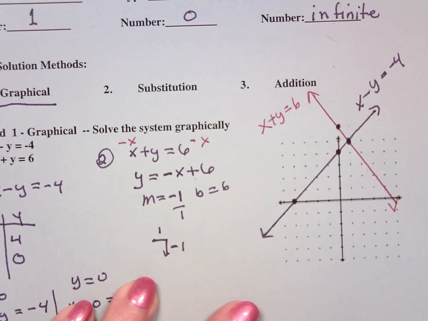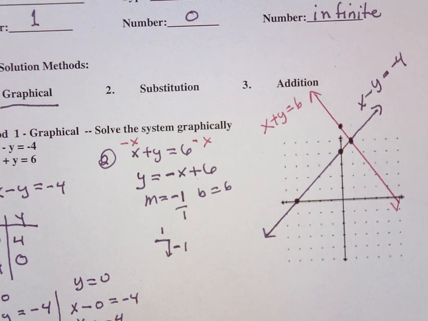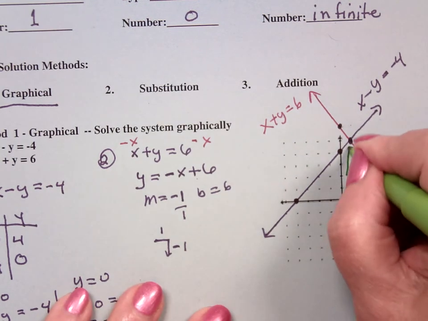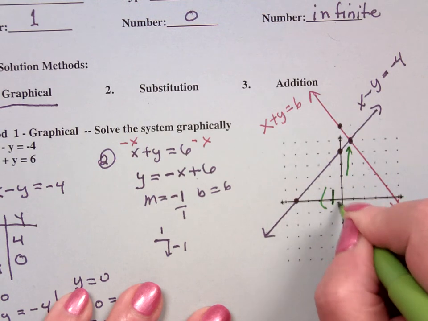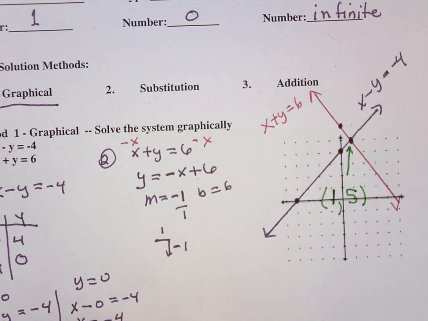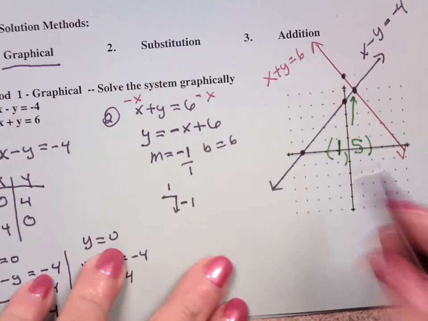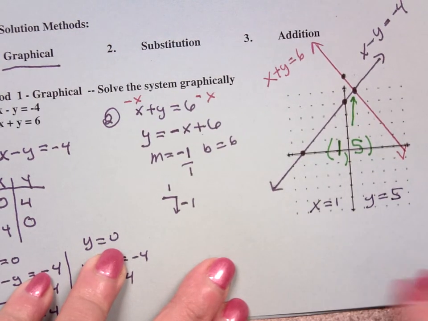Now this tells me, if this is right, and God knows I don't know if it is, that this says that x equals 1, y equals 5. That's my solution.